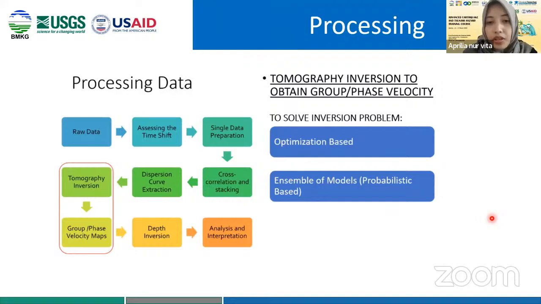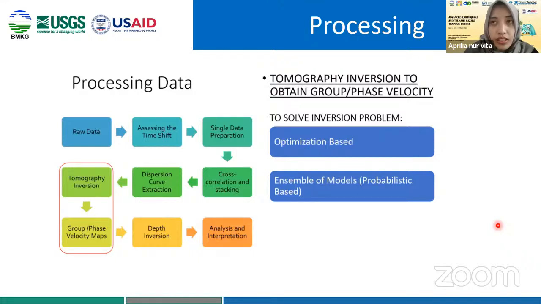The difference is that the optimization-based method uses fixed parameters, and the ensemble of models uses adaptive parameters. With optimization-based, we try to obtain the most optimum model with the smallest misfit, while with the ensemble model, we approach the model with a statistical approach to get the best model for our data.